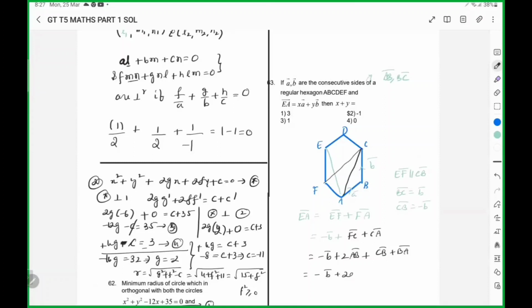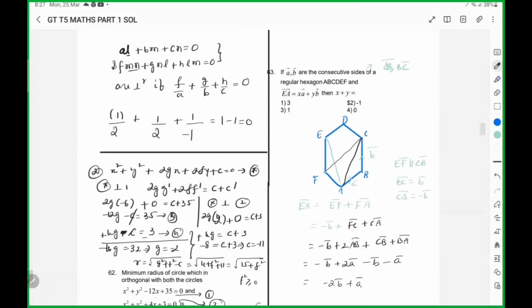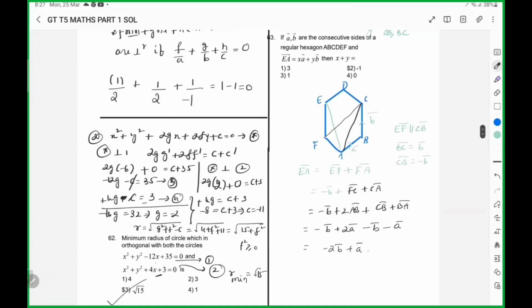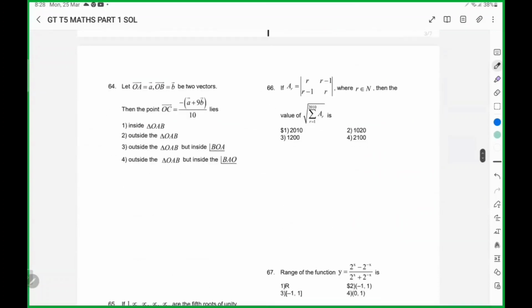AB here is a bar. CB is minus b bar. BA is this. So minus 2b bar plus a bar, which is x a bar plus y b bar. X plus y, we get minus 1. Second option is correct.